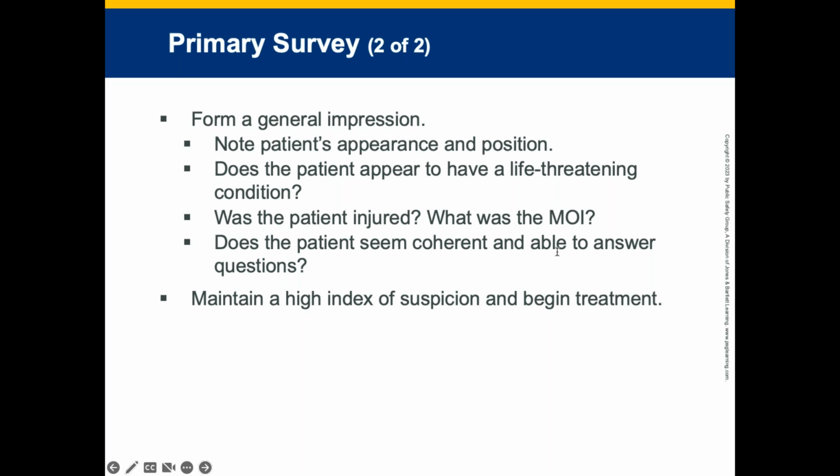Determine whether the patient's condition is stable, potentially unstable, or unstable. Where are we sitting with this, right? Constantly be aware of changes in the patient's condition. Maintain a high index of suspicion and begin treatment if the patient or the primary problem appears to be traumatic. Be alert for a possibility of a medical origin.